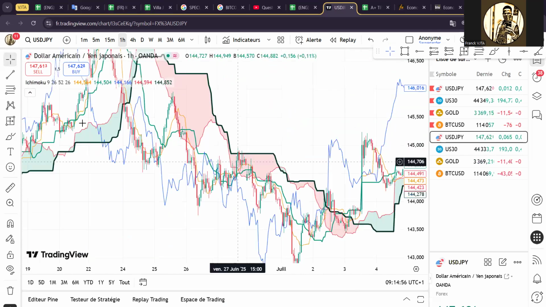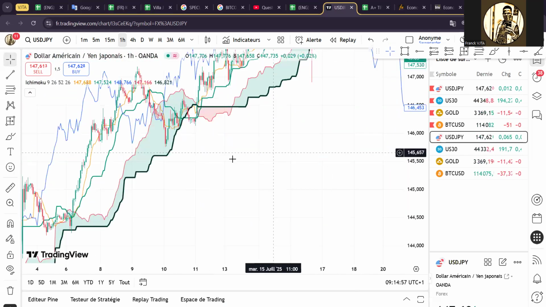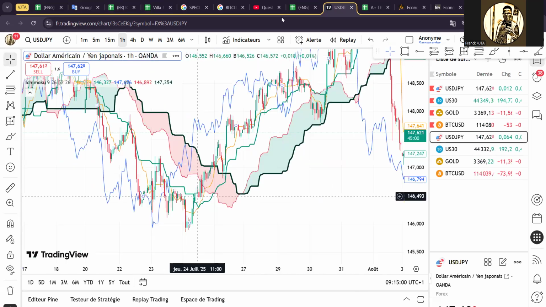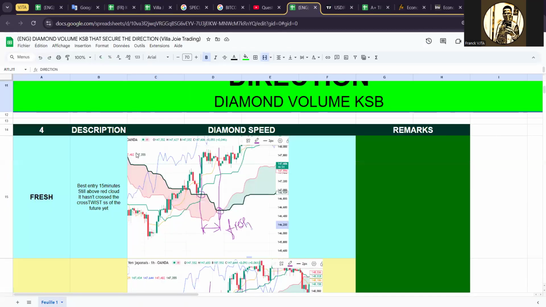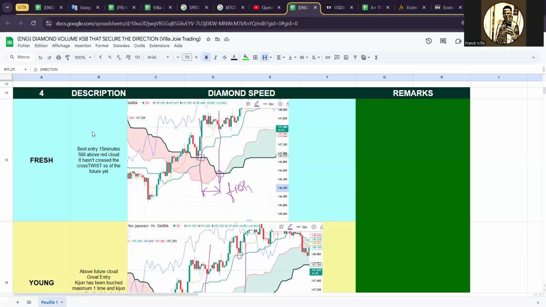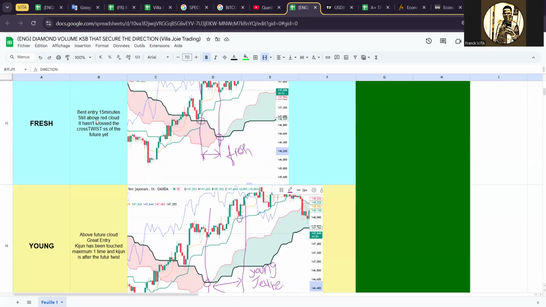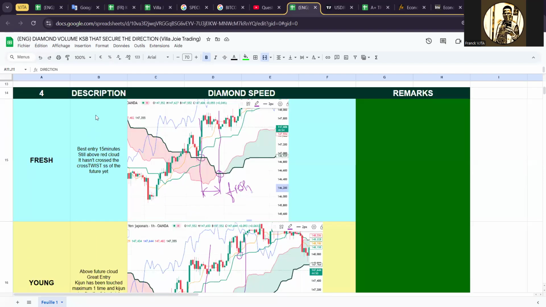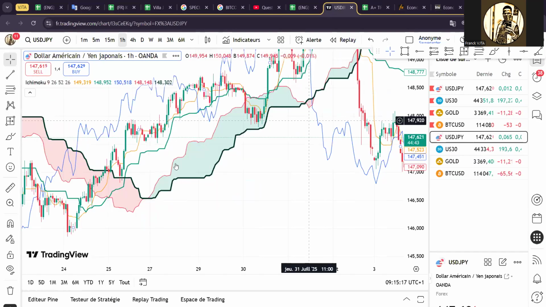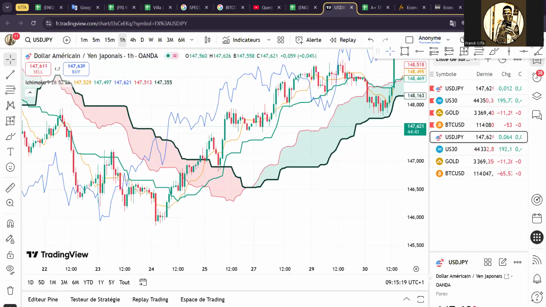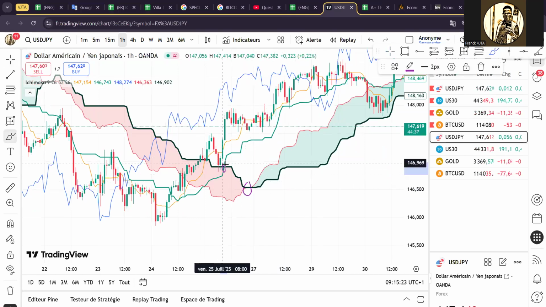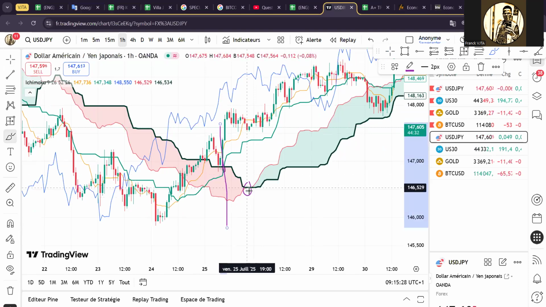So let us go and do the speed check, the diamond speed. In terms of speed, you have three big speeds. The fresh speed of KSB is in between: here is the first cross, when KSB is activated.